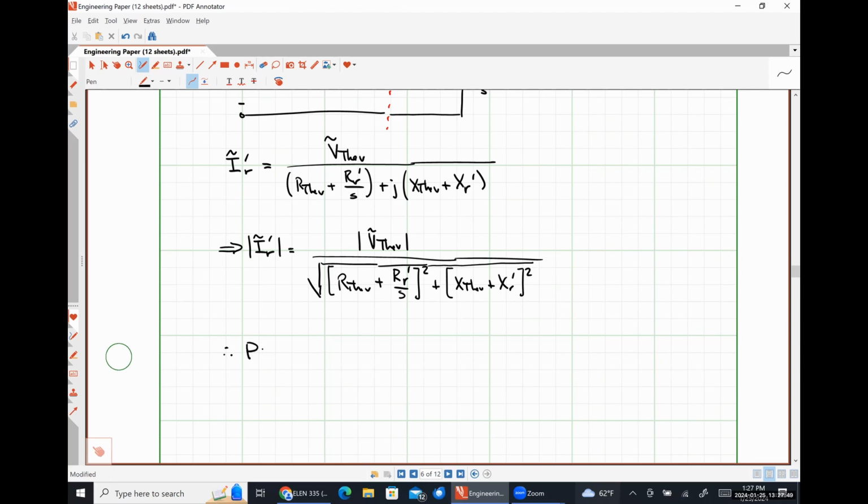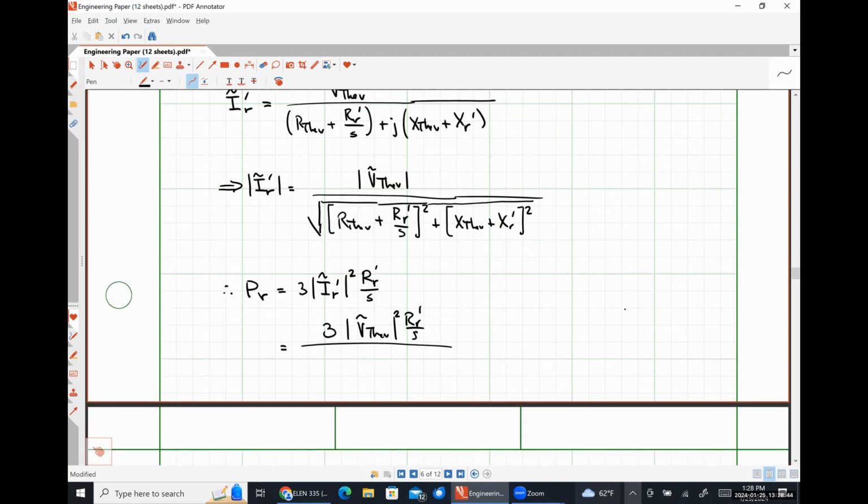So if we recall that the power delivered to our rotor is 3 times IR squared times RR over S, then that's going to look like 3 times the magnitude of our Thevenin voltage, sorry, that Thevenin voltage should be squared, times RR prime over S. And then I'm actually going to get rid of that square root sign in my denominator.